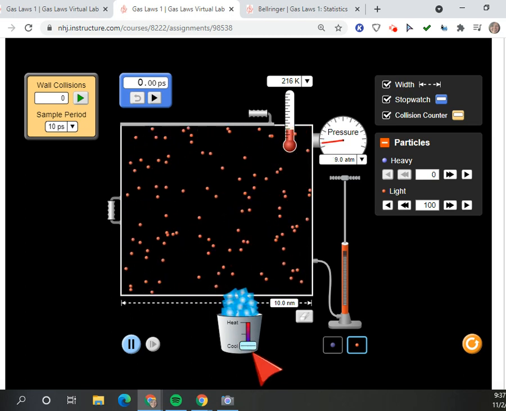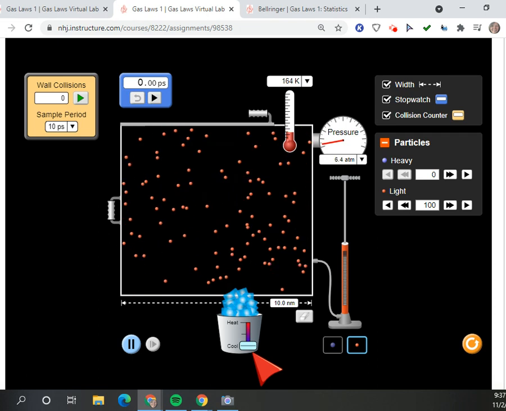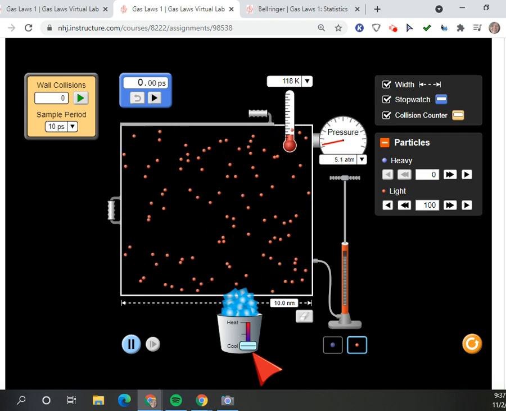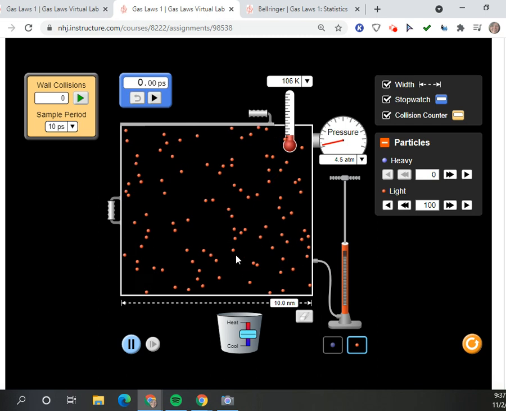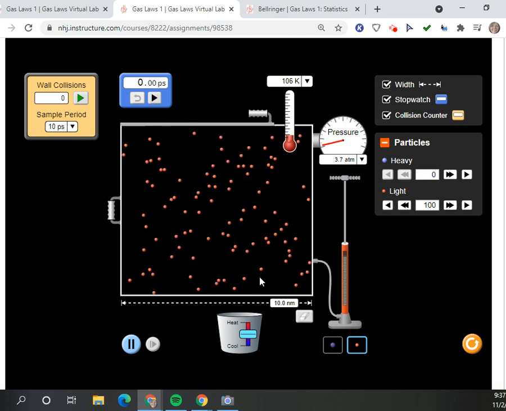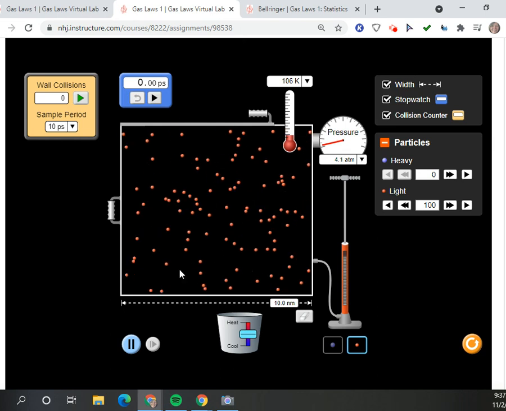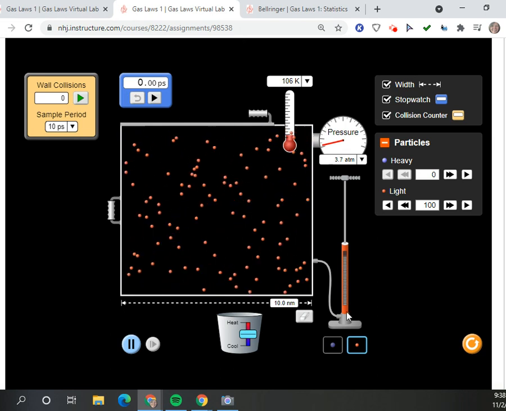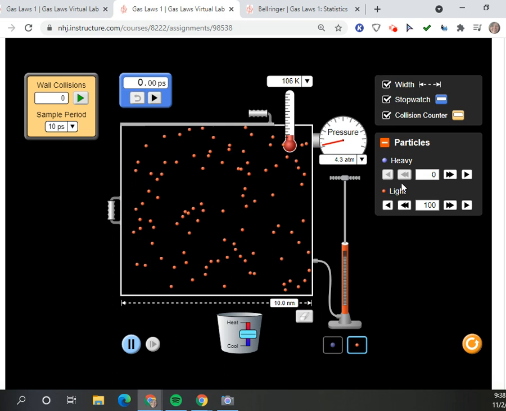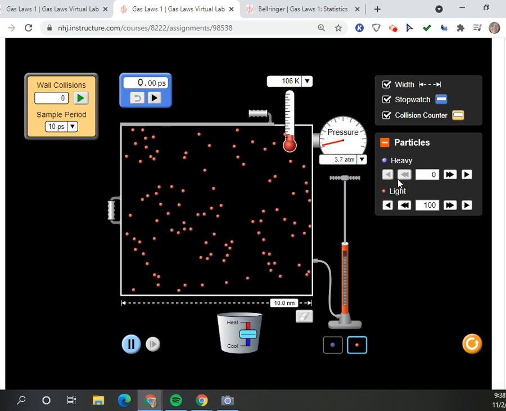See if they slow down when we cool them down. Yeah, they do slow down when we cool them down, just like the heavier particles. Let's try to follow one of them. They still go in a straight line until they hit something else. Right, so the lighter particles and the heavier particles behave in the same way. That's another observation that you could write down.